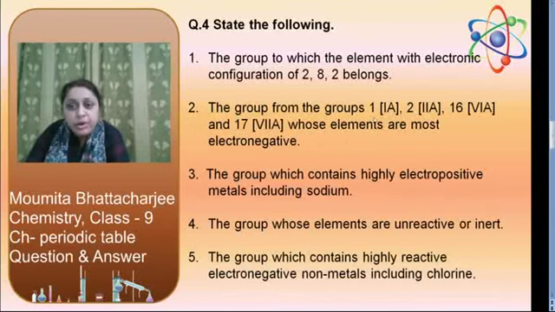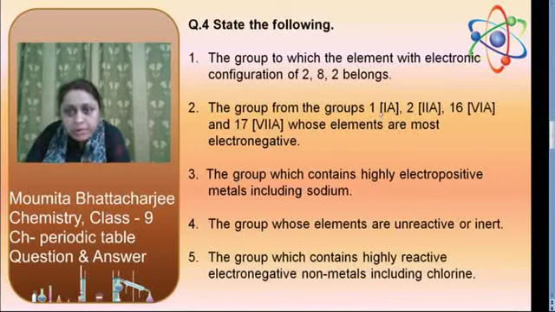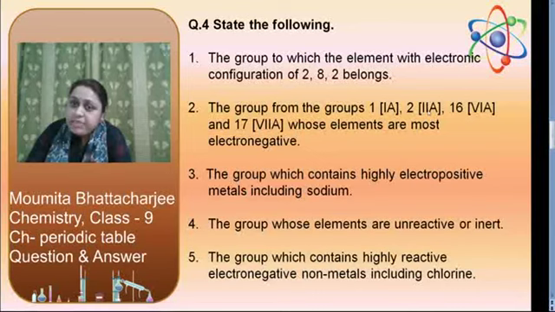For group 1, as we go down, electronegative character will decrease. So lithium is the topmost metal, so lithium will have the higher electronegativity. Same for group 2, the topmost metal is beryllium. So beryllium will have the higher electronegativity. For group 16, it will be oxygen, and for group 17, it will be fluorine.